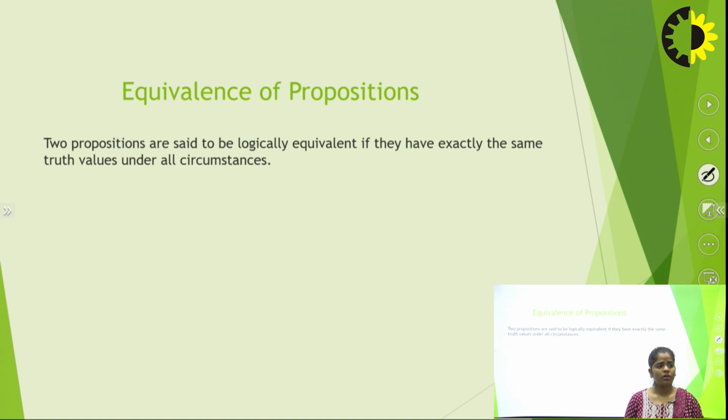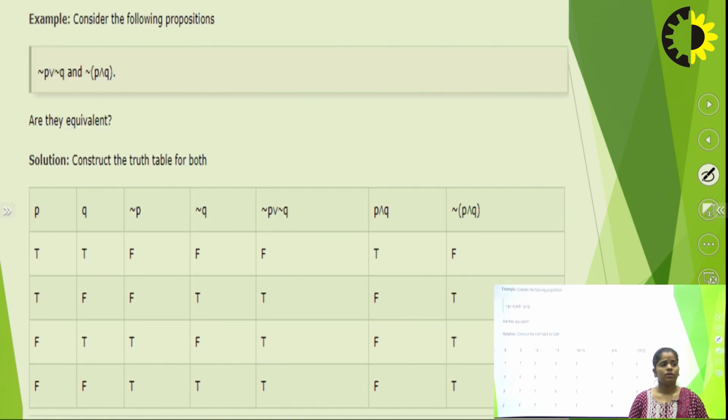Now come to the next topic, that is equivalence of propositions. Two propositions are said to be logically equivalent if they have exactly the same truth values under all circumstances. So this is the question: consider the following propositions, are they equivalent? You have to show that both have the same truth values.